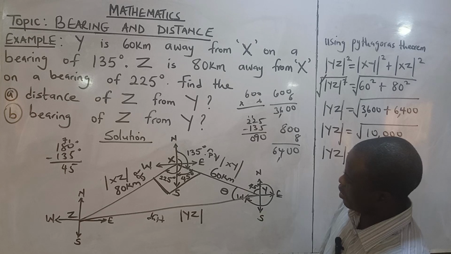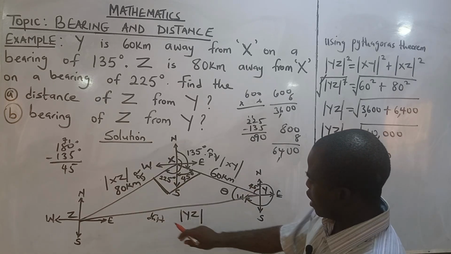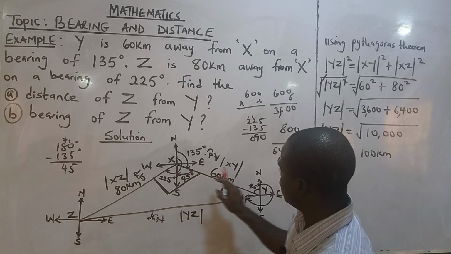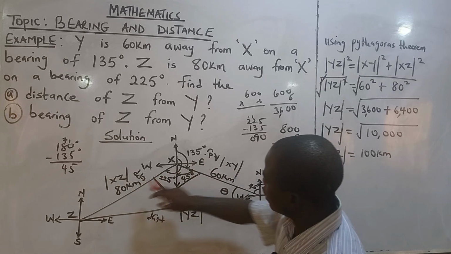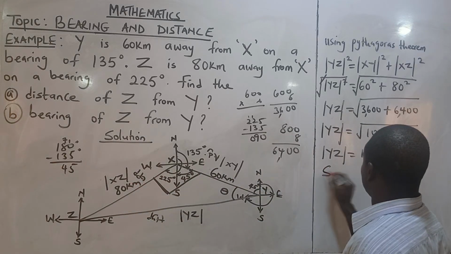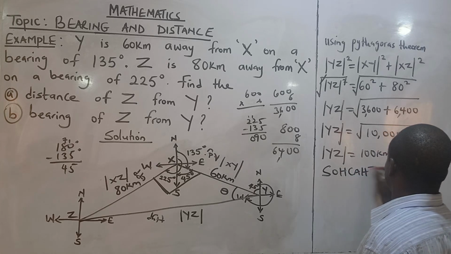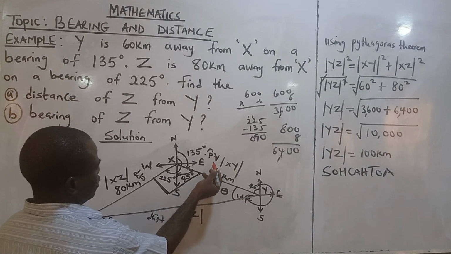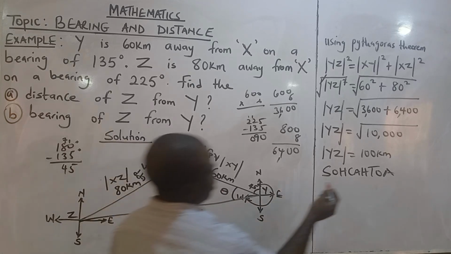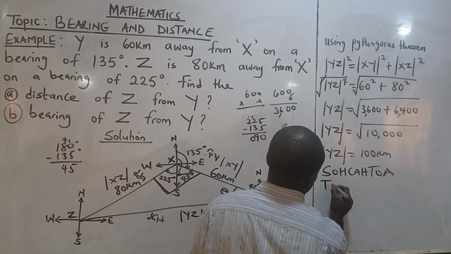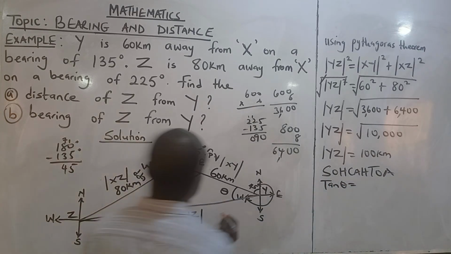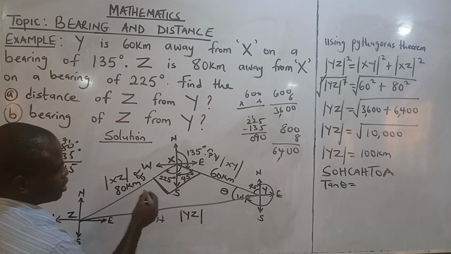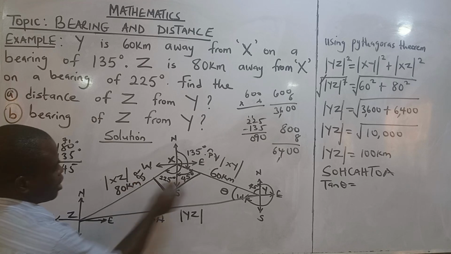Since we have the hypotenuse, let's use the one that's given to us already. 60 is adjacent and 80 is opposite. That's SOHCAHTOA involving adjacent and opposite. Tan theta equals opposite over adjacent.